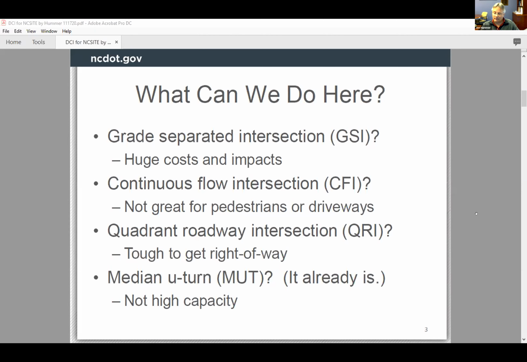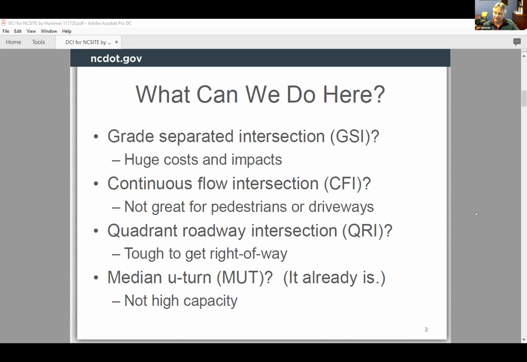So we move on. We think about maybe a quadrant roadway intersection, a connector road, and there's a few of those out there. And of course, we have a new Federal Highway Administration guidebook on QRI, but the quadrant has the difficulty of getting right of way for the connector road. And in a developed area like the one I showed you, that's going to be pretty impractical.